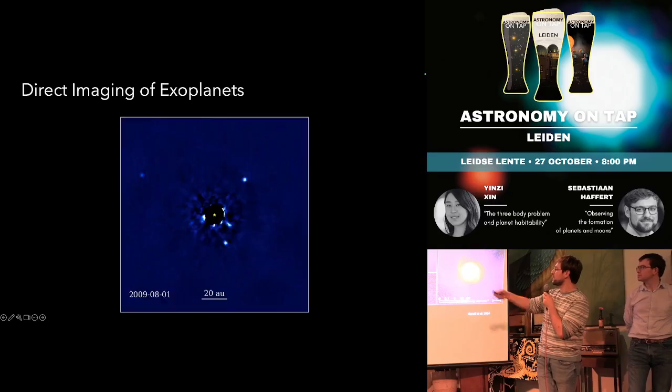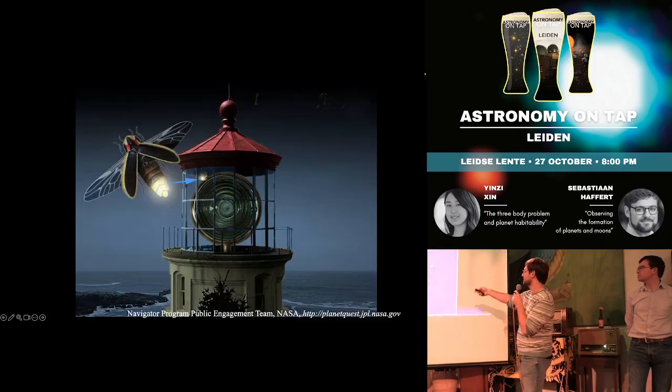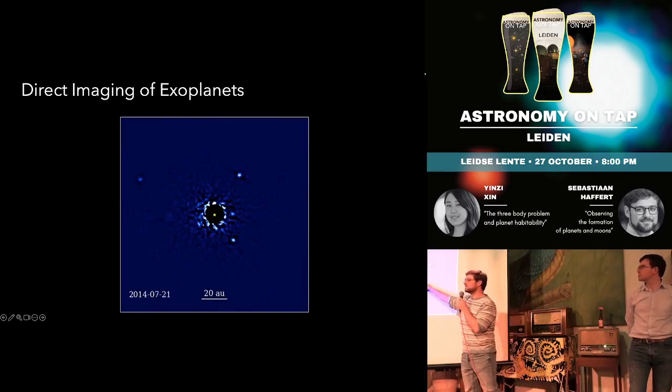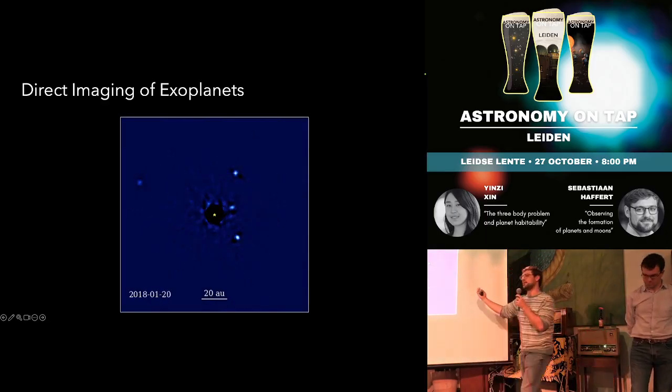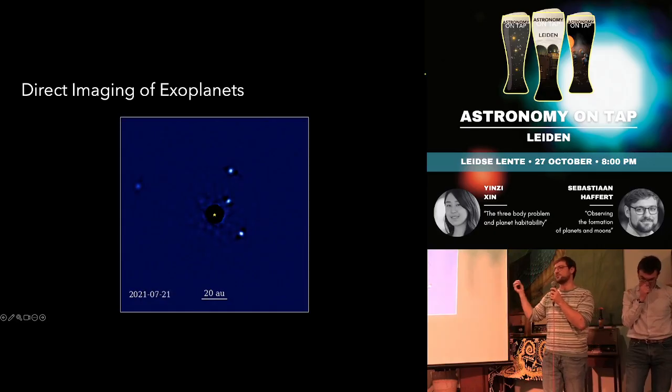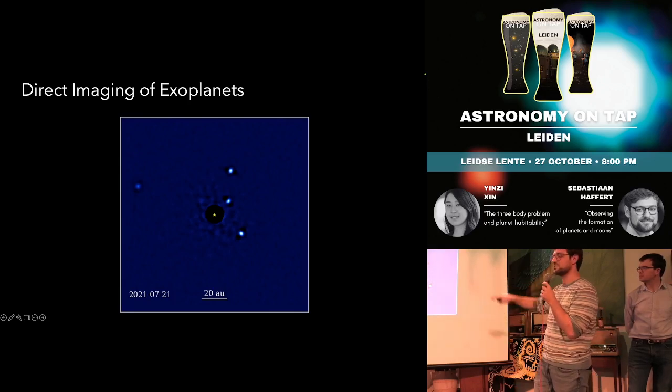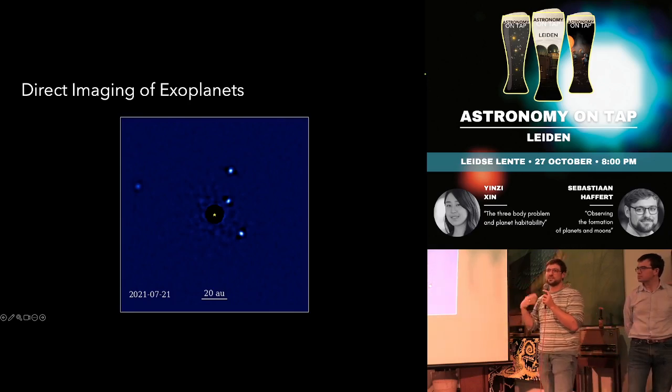If I can go back, yes. So here you can, for example, see all kinds of data that we took from the ground. Oh, let's see if I can get the video to play. But if you look here in the middle, you can see that there's a lot of stuff happening. That's all actually residual effects from our image processing, because we were not able to get rid of the star completely. There's a lot of stuff left. We do that with advanced image processing.